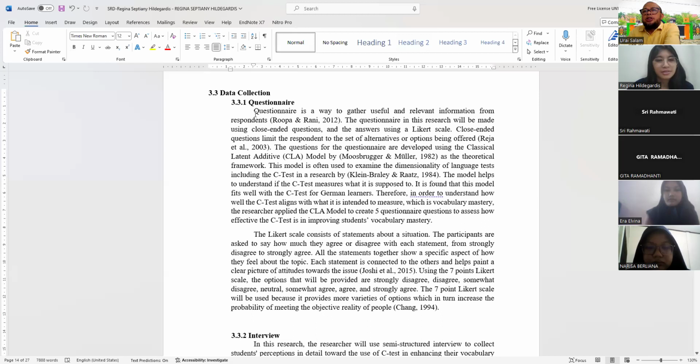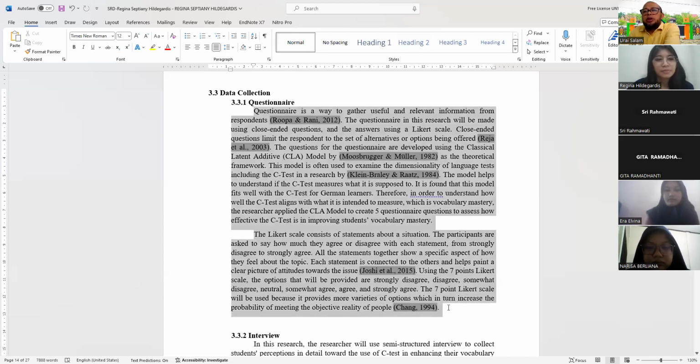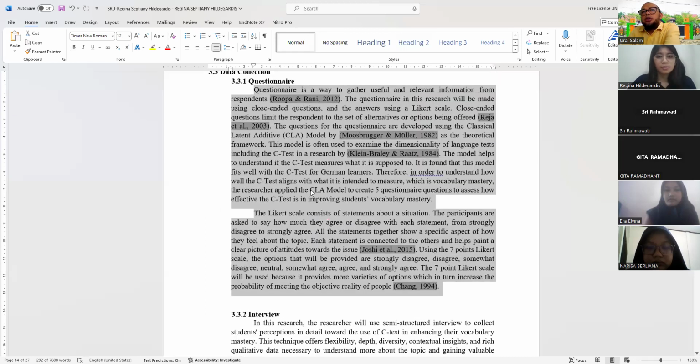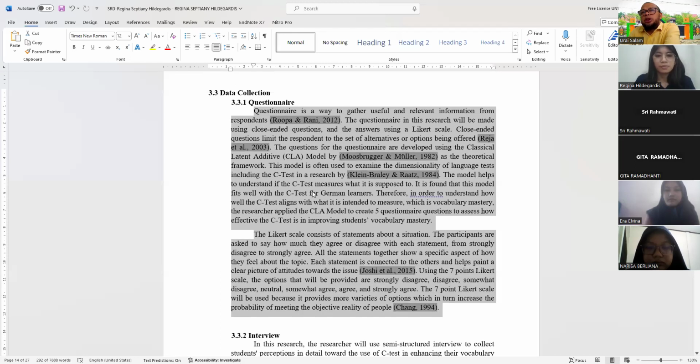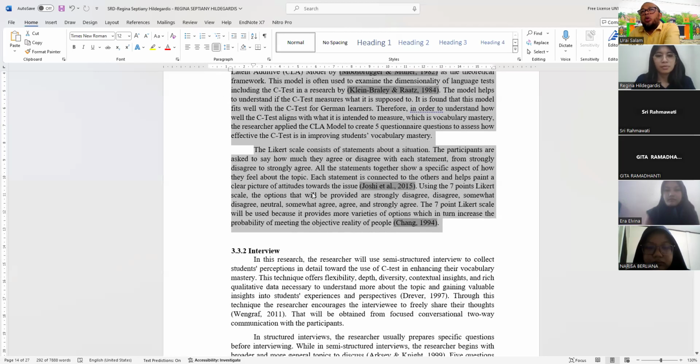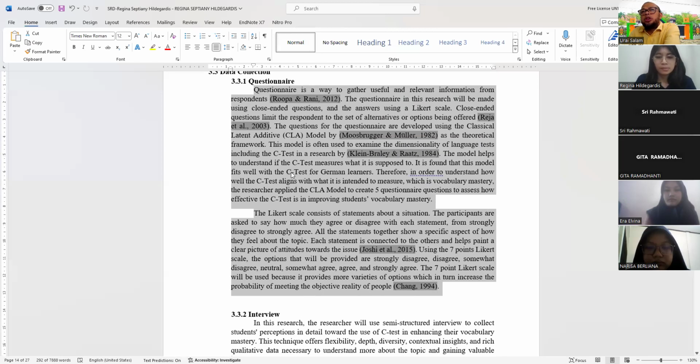So this is the place for you to explain the questionnaire completely, fully, yeah, in this section. How you are going to develop the questionnaire, what the questionnaire is all about, asking about what aspect of C-test use in vocabulary mastery, for example, like that.